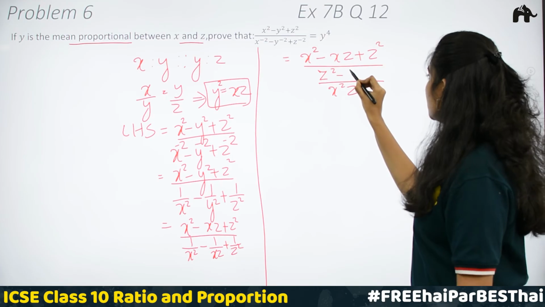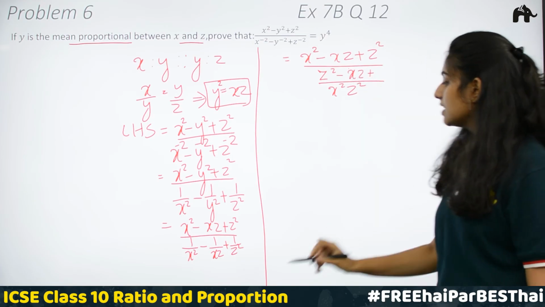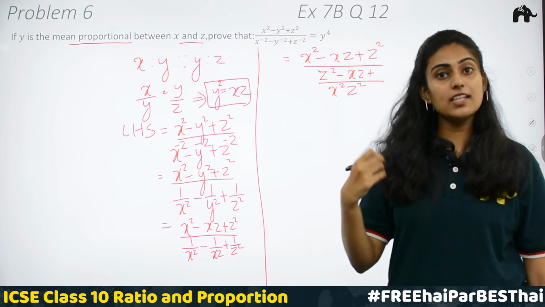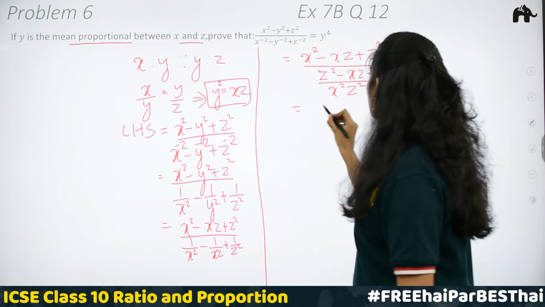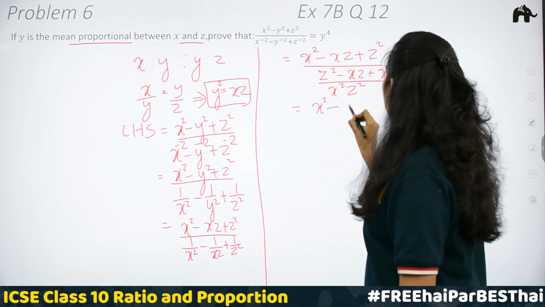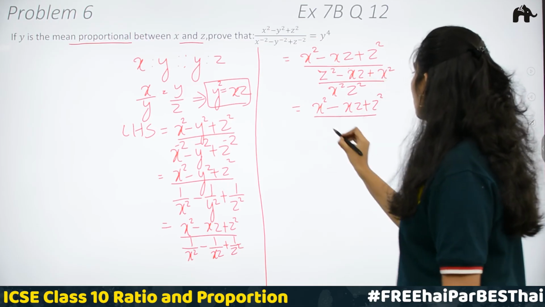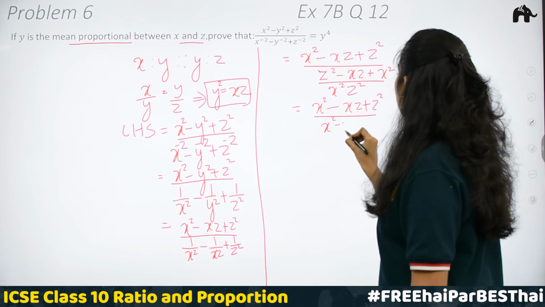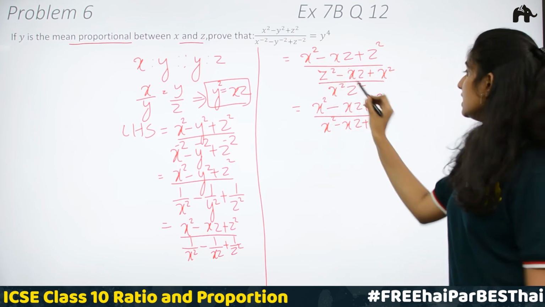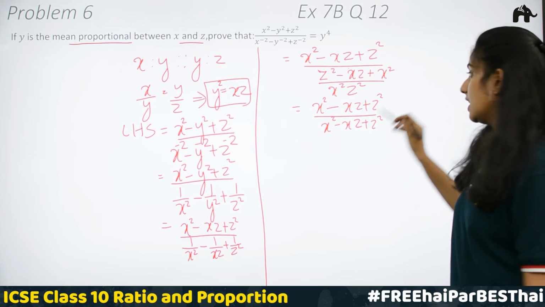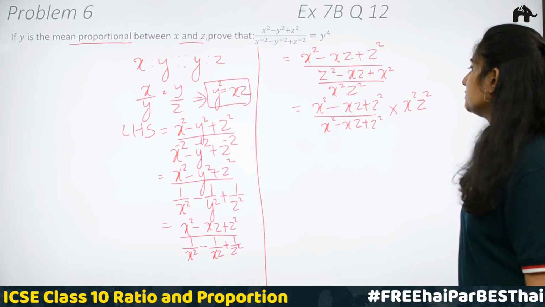That is minus xz, plus. To get x square z square, 1 by z square should be multiplied with x square, plus x square. That is equal to (x square minus xz plus z square) divided by (x square minus xz plus z square). I am just rearranging this, and this part goes to the numerator, that is into x square z square.